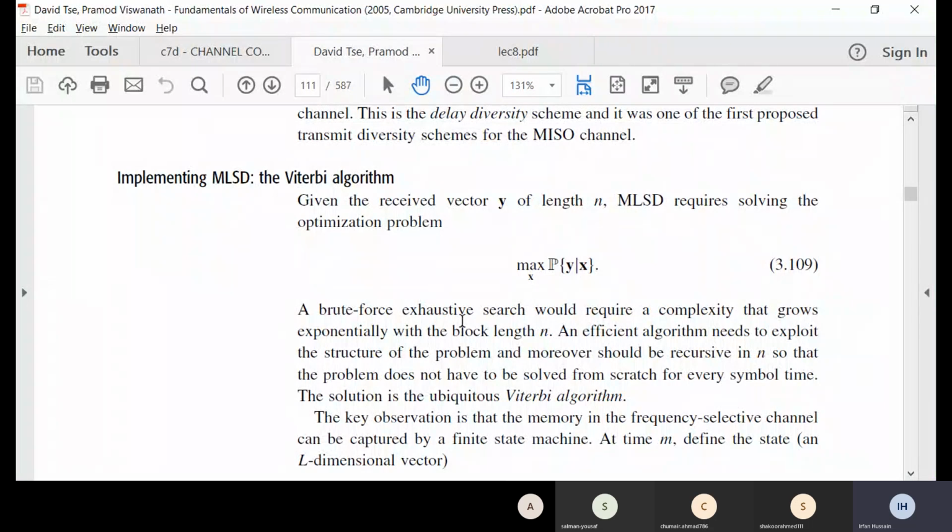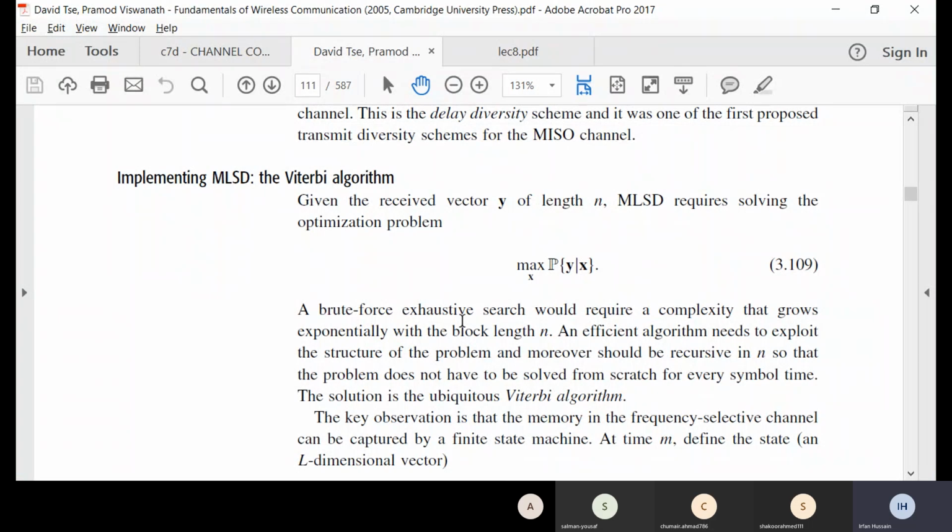We could have referred to the digital communication book of John Proakis, but I found the mathematics to be quite involved in that book. Here we do not need that involved mathematics. We don't want to go into too much code design. We just want to see how it can provide us the diversity gain.